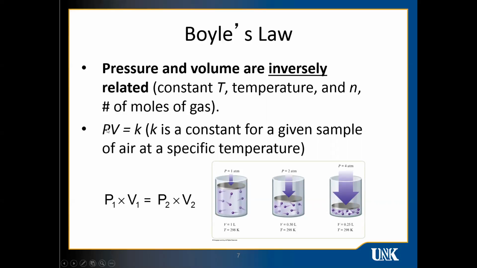And so we can write this mathematically. Pressure times volume equals a constant. If we're comparing pressures and volumes of the same gas under different conditions, that constant's always going to be the same. So the pressure times volume at the first condition is going to equal the pressure times volume at the second condition.